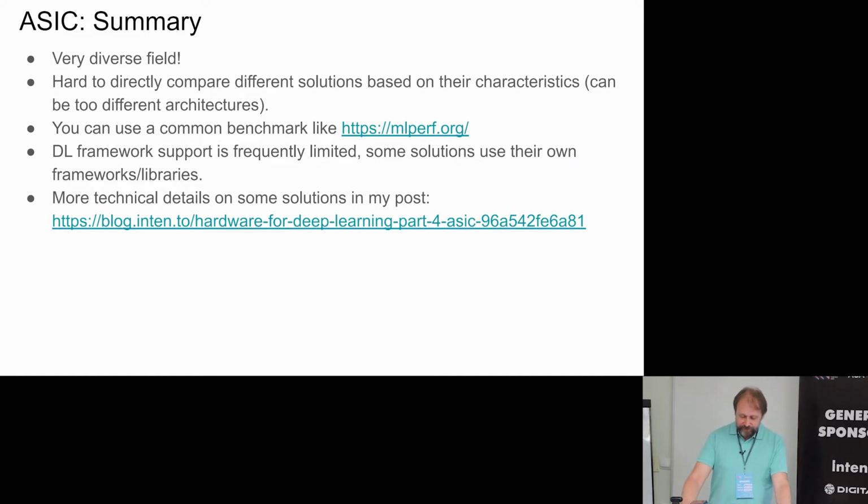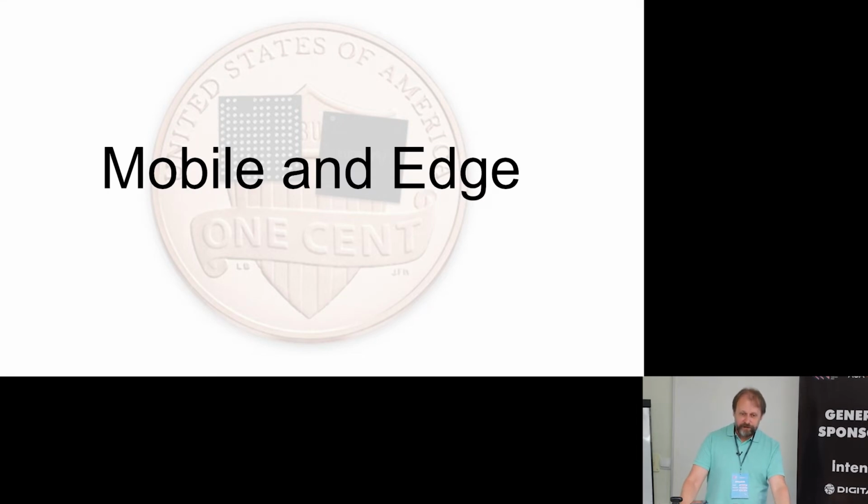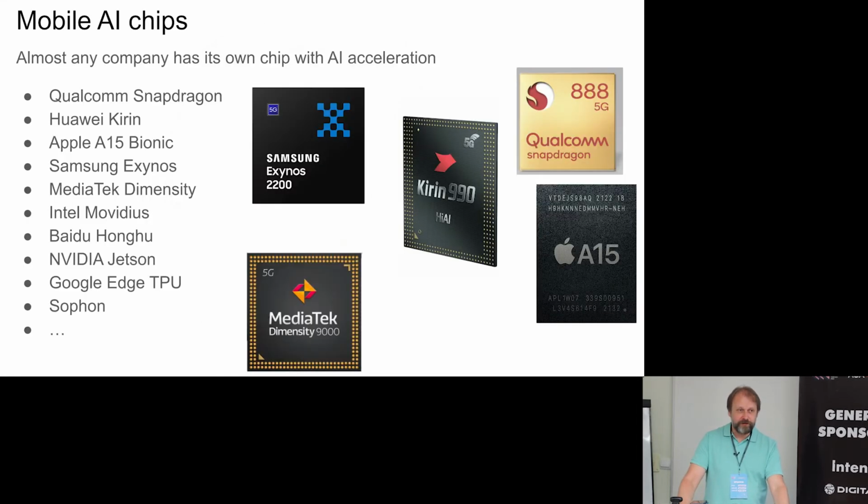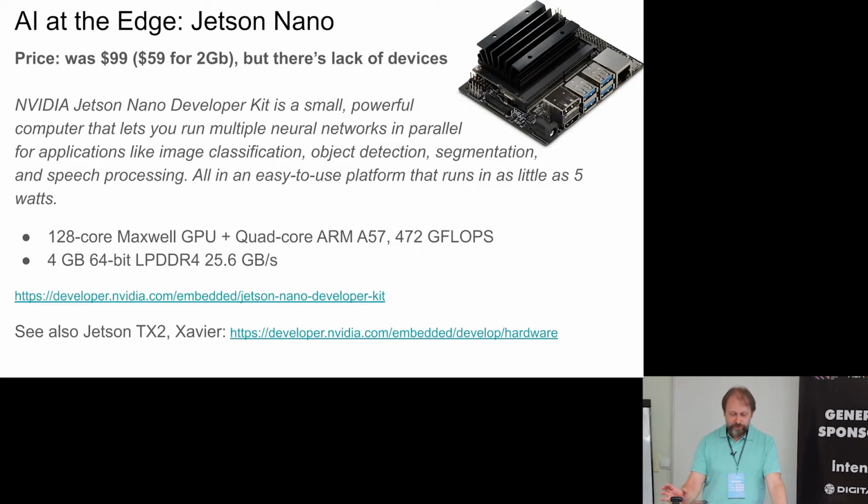Yeah, and a pretty separate thing is mobile and the edge. Again, you have a great variety of different chips. Almost any company has its own chip for mobile. It's hard to find any company that produces mobile phones and has no special chip for optimizing AI in any way. There are interesting solutions for other edge things like robots or devices, great Jetson Nano and other Jetsons as well.